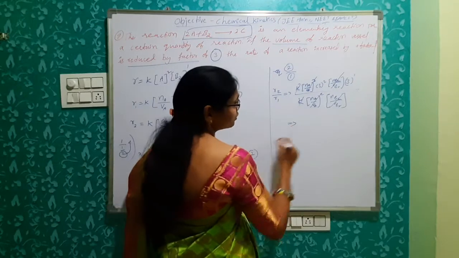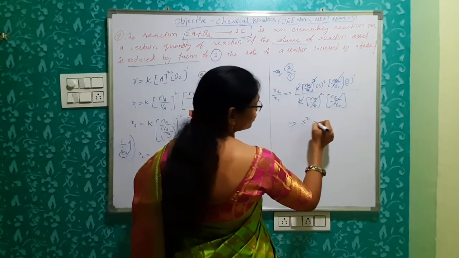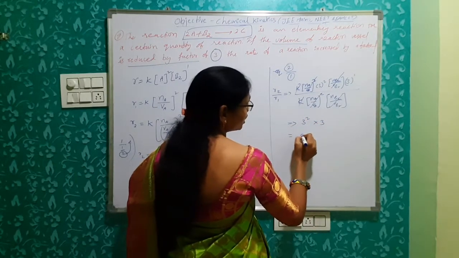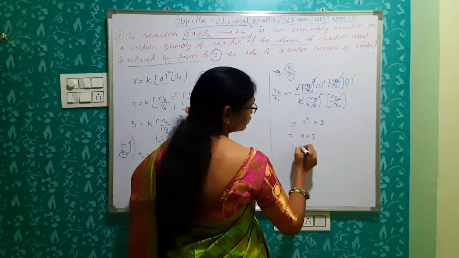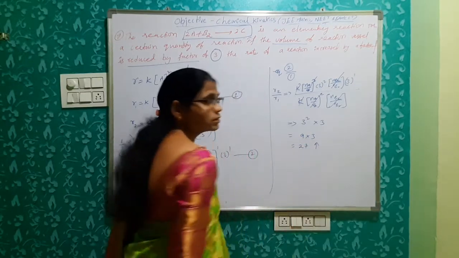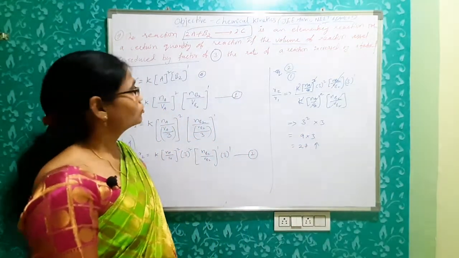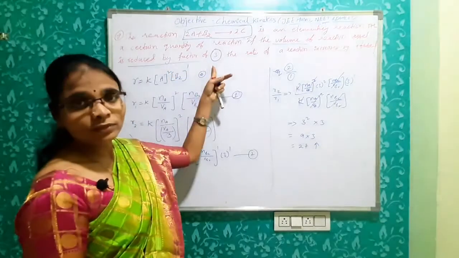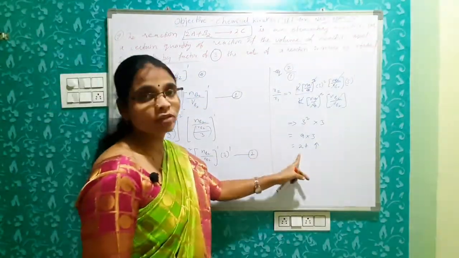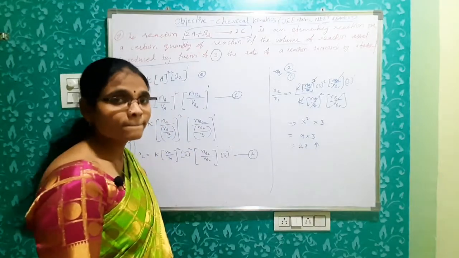So what is remaining? 3 square into 3. How many times? 27 times increase. So when the volume is decreased by 3 times, the rate increased by 27 times.